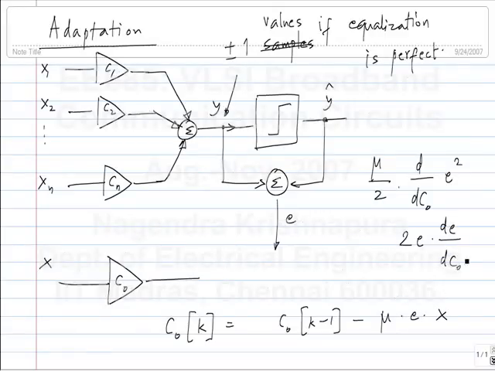The gradient of the error with respect to the coefficient is the input itself in this particular case. In case of the single input, the gradient with respect to C0 is x. So you take the product of E and x, and you also have a scaling factor mu that will tell you how much you move.